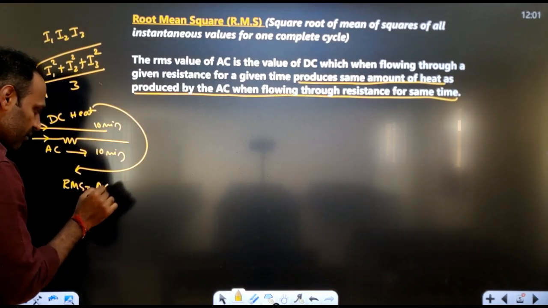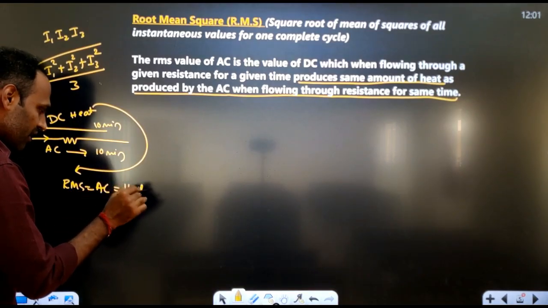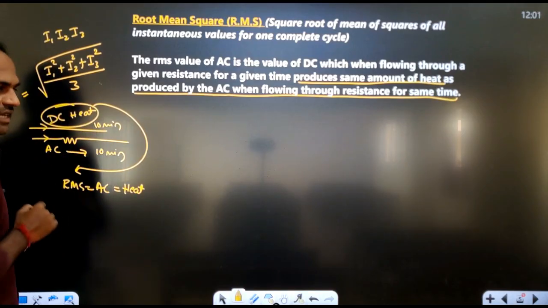See how much heat the RMS value of AC produces in 10 minutes, DC can produce that much heat, right?